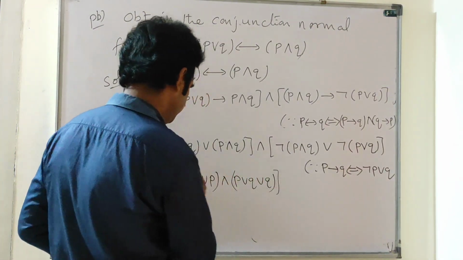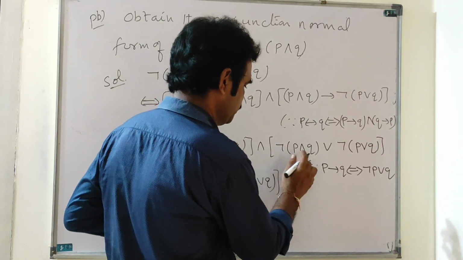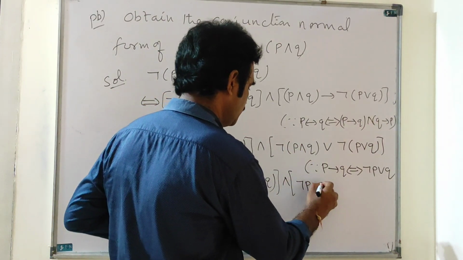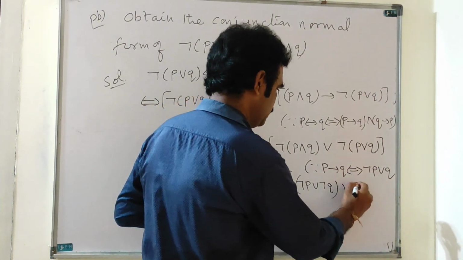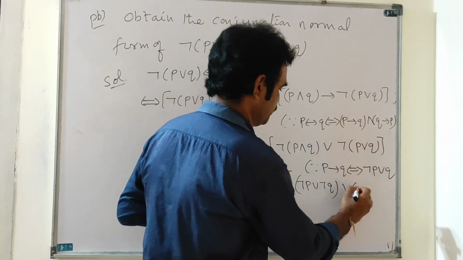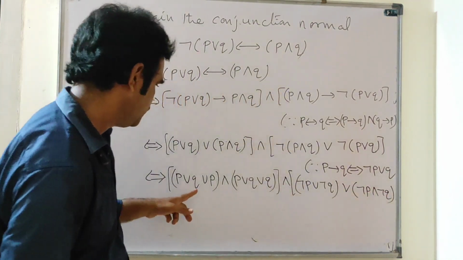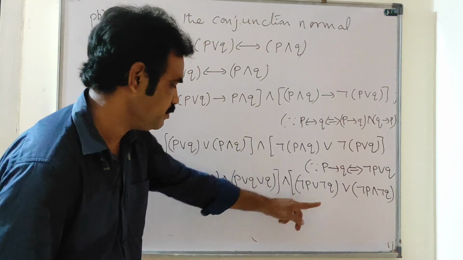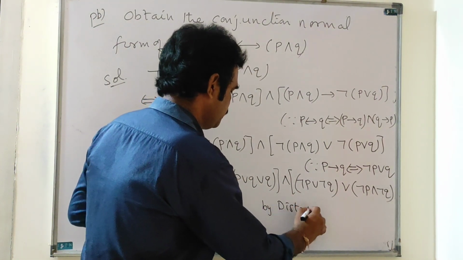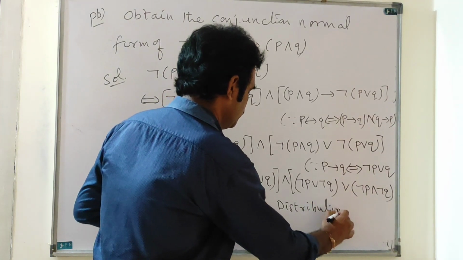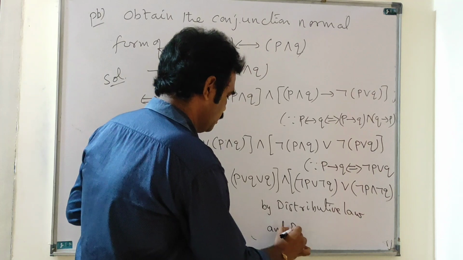And negation of P and Q, that is negation P or negation Q by De Morgan law, or again negation of P or Q, negation P and negation Q. Okay, this is by distributive law and this is by De Morgan law.